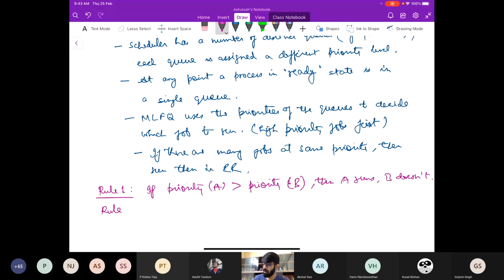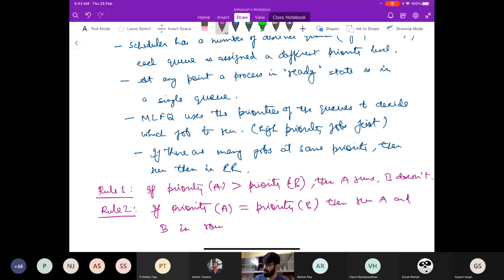And rule two is: if priority of A is equal to priority of B, then run A and B in round robin. We have seen what round robin is in the last lecture, right?